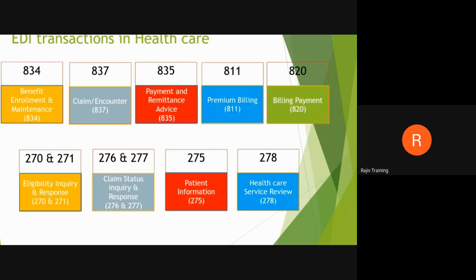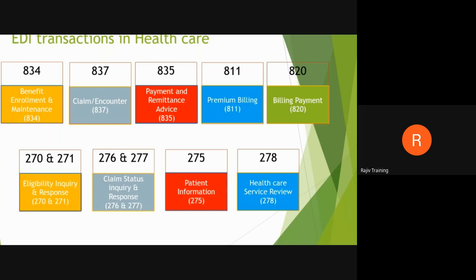Similarly, we have 820, where this transaction serves to make premium payments for insurance products and is used by healthcare institutions to send information to financial organizations. We have 270, 271. The 270 transaction set is used by healthcare institutions to transmit inquiries for healthcare benefits and subscriber eligibility to financial institutions and government agencies.